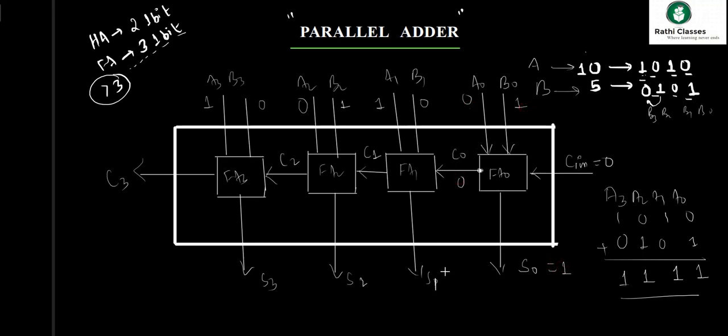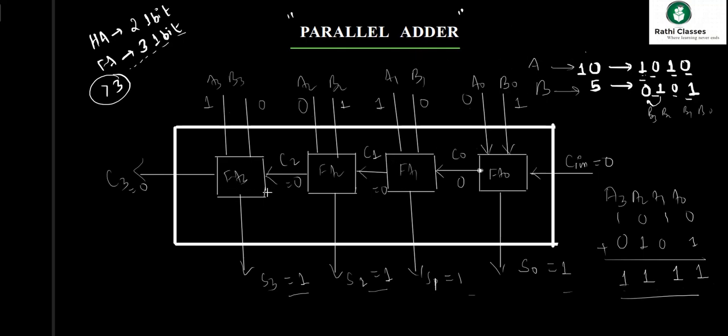Similarly 1 plus 0 plus 0, sum would be 1, carry would be 0. 0 plus 1 plus 0, sum would be 1, carry would be 0, and 1 plus 0 plus 0, sum would be 1 and the carry would be 0. As you can see the output is 1 1 1 1. The answer is the same.